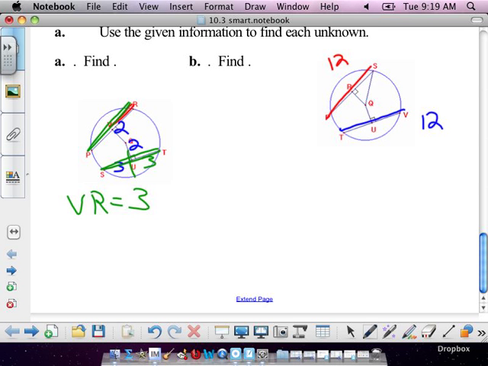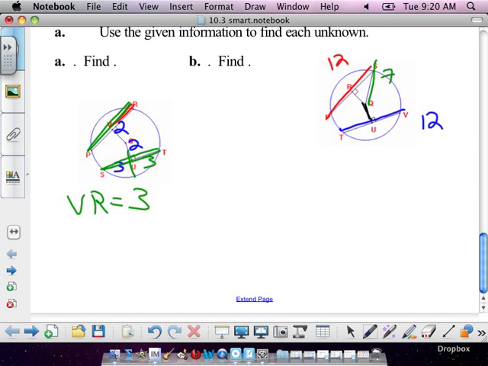We know S to Q is 7. And we want to find Q to U, right there. My chords are congruent, which means what else has to be congruent?